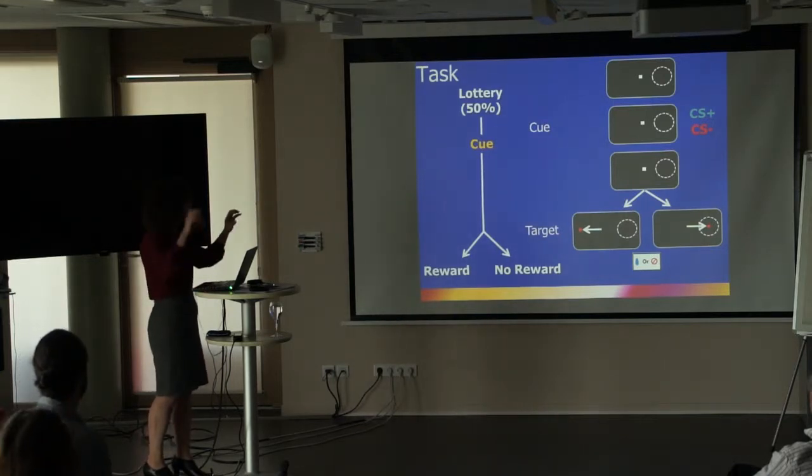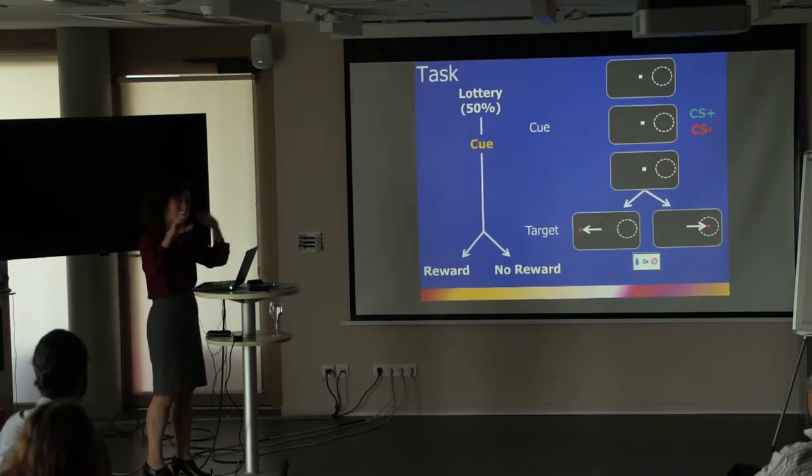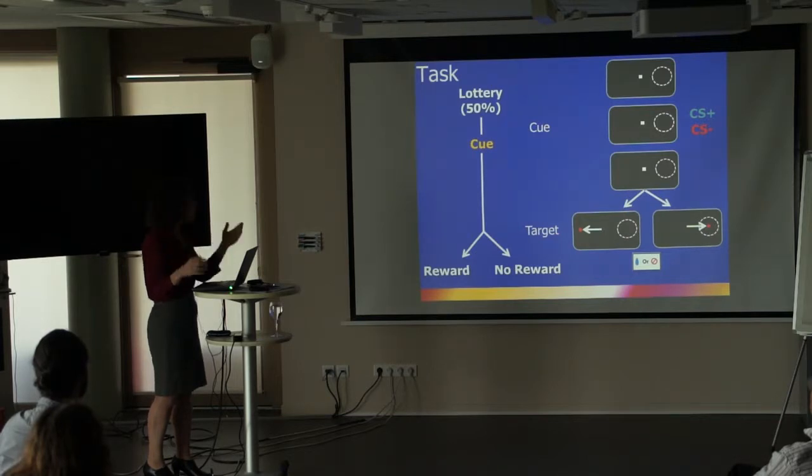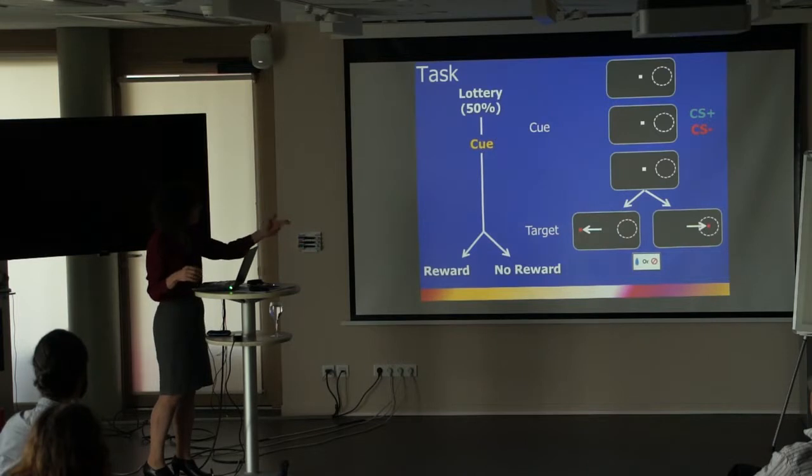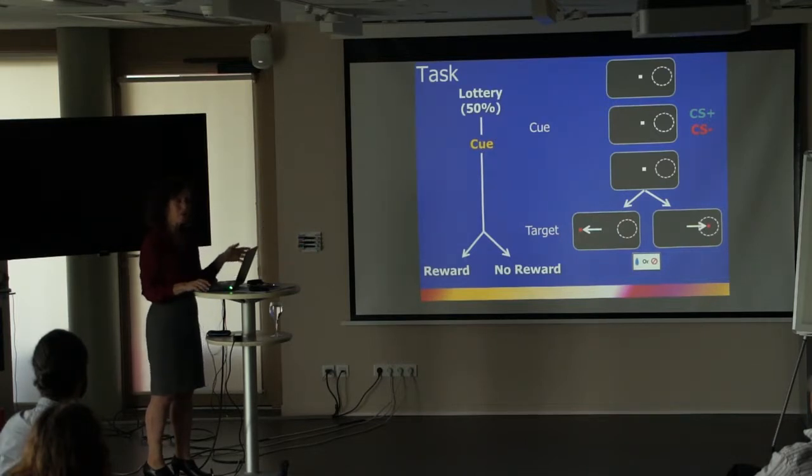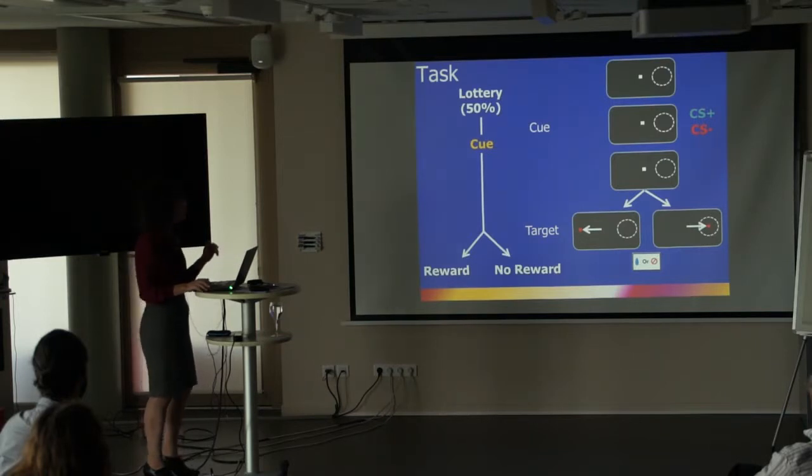Okay, so notice, remember that the location of the reward stimulus was randomized, right and left. So the location of the target was also randomized independently, right and left. So the stimulus location told the monkey nothing about what he would have to do. A perfect actor in this case would simply make an eye movement to the target as quickly as possible. That's the optimal strategy in this task, right?